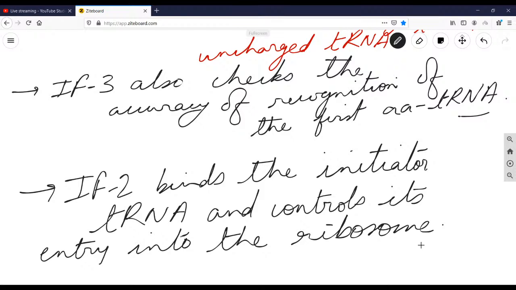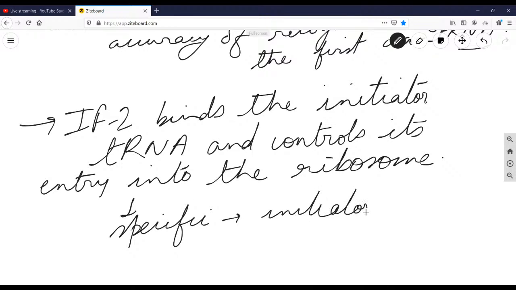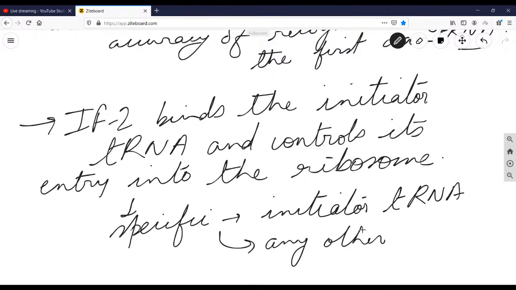Now this IF2 is very, very specific. What do I mean by binds? Means it is very, very specific for initiated tRNA only. I'll explain the mechanism to you. The meaning of this sentence is it does not bind to any other charged tRNA. Okay, only charged initiated tRNA or charged amino acyl tRNA.